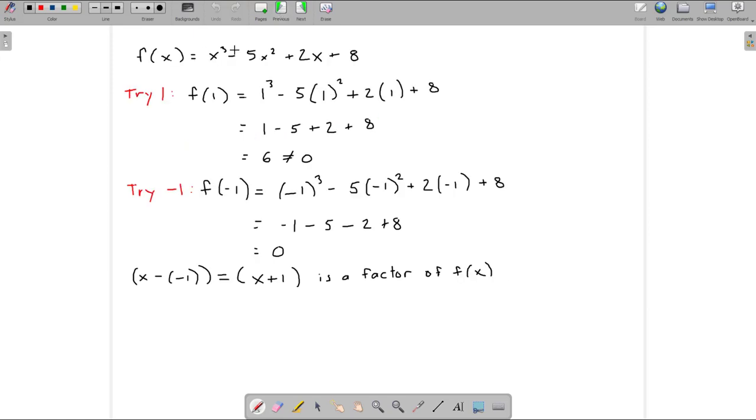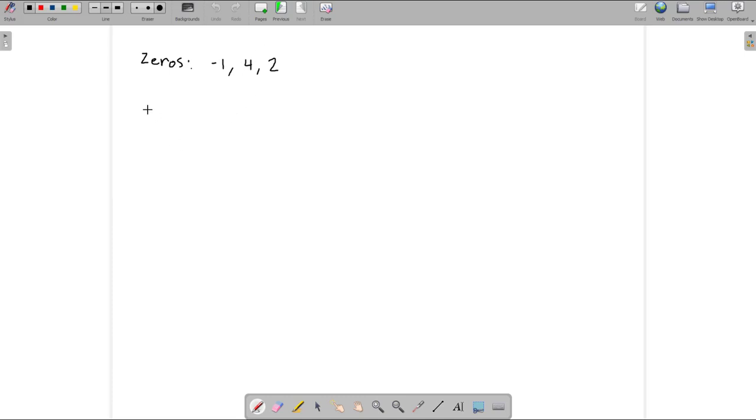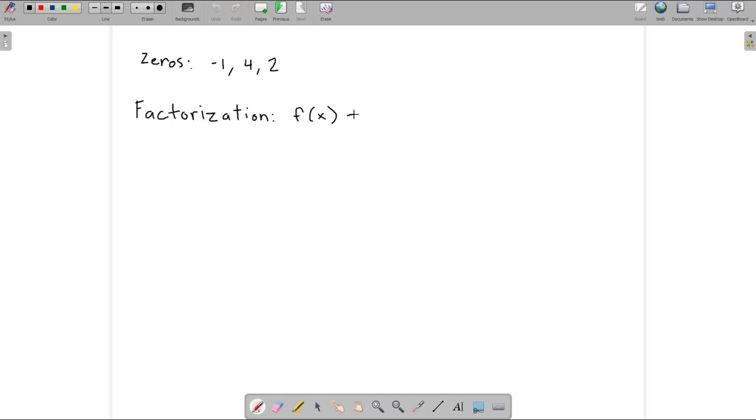Because we started with a cubic, an x to the third power, we can have at most 3 real zeros, so you can't have more than 3. And we found 3, so that means that we're done. And then we just have to write the factorization, which we did on this other page here. f of x equals x plus 1, and you actually just get that from your zeros.